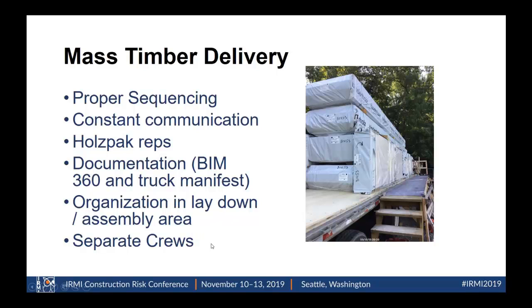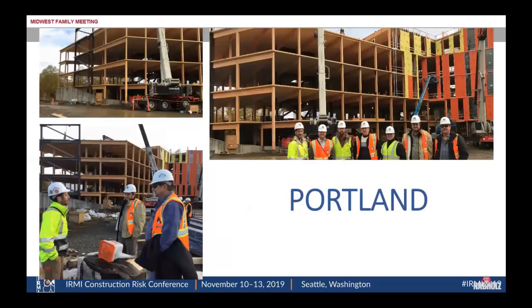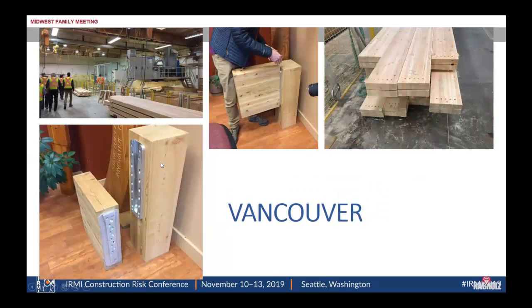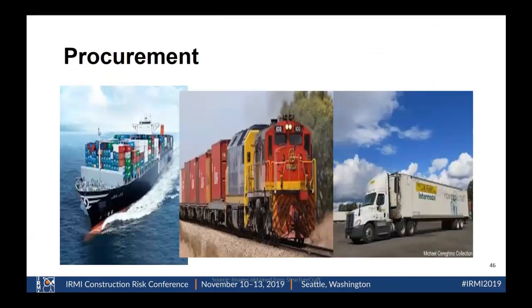We used our robust quality management system to document the delivery of trucks, and we had separate crews. The way these things came in, instead of having that beautiful dove plate connection that you saw back there, we had a knife plate connection, and since the knives were on the side of the columns, you couldn't ship with them, so we had to put them on in the laydown yard before we brought them over to the erection location.